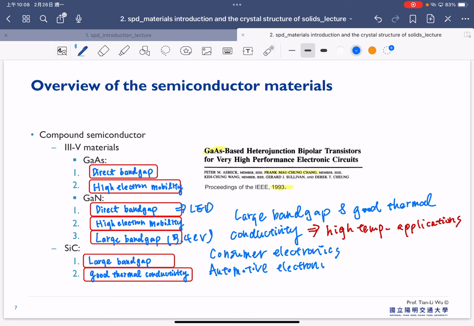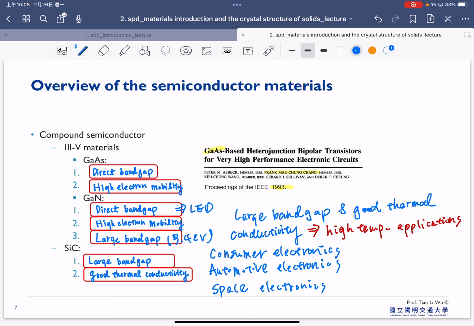Automotive means electronics mainly used for vehicles, for example the car or the electric vehicle. And we also have electronics that can be used for space. So we have space electronics.